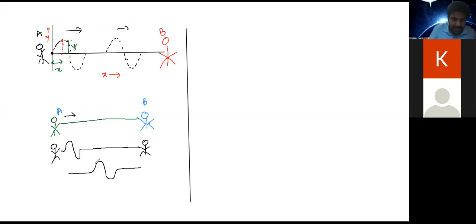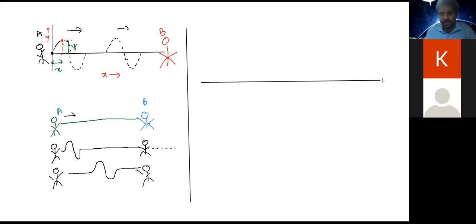So basically, y means how far above or below this line the position of the rope is. This line is called the line of zero disturbance.